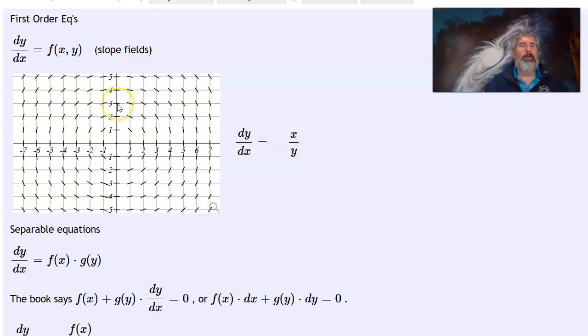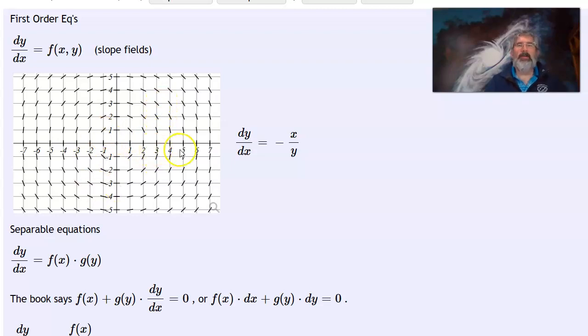At the point (0, 3), where x is 0 and y is 3, the slope is 0, and so the little hash mark at that point has slope 0. At every point in the plane, you draw a little hash mark that shows what slope the tangent line would have at that point.